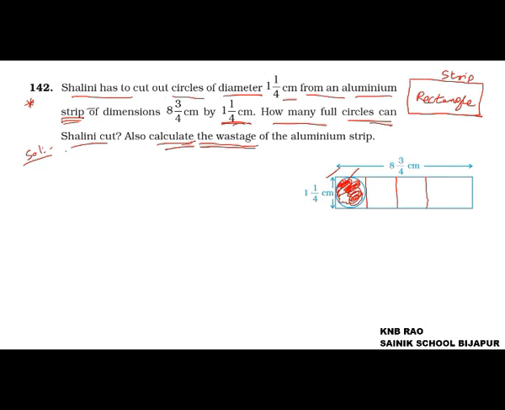See, here are the working steps we could write. First one is the diameter of one circle. So the diameter of one circle is 1 integer 1/4 centimeter, which is nothing but 5/4 centimeter. This is the diameter. Okay, then similarly we are given the data of length.